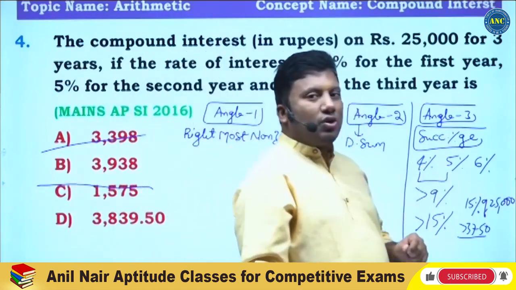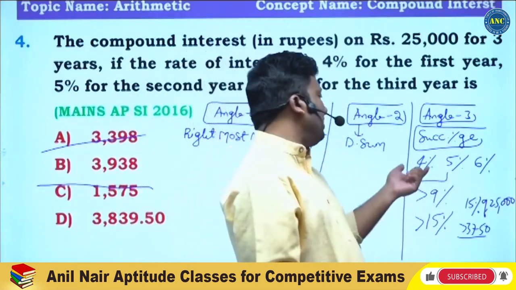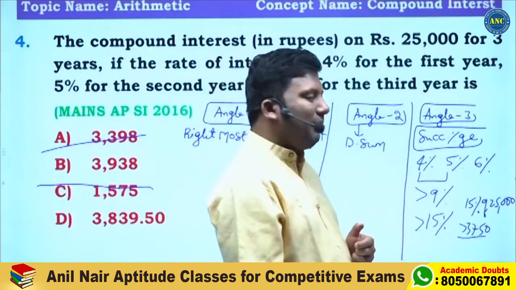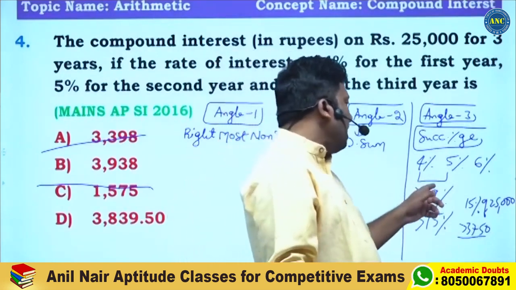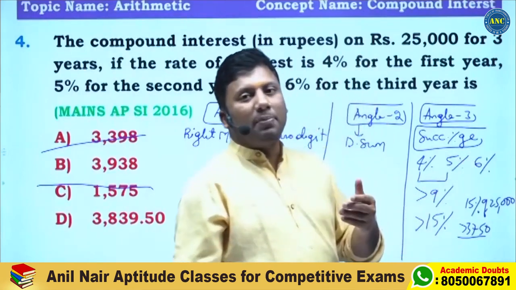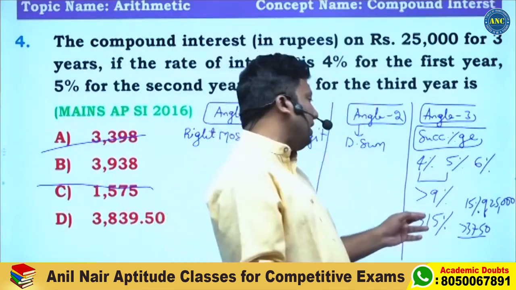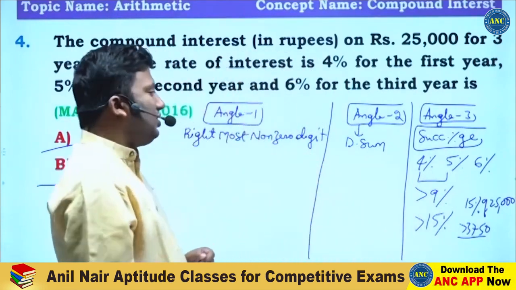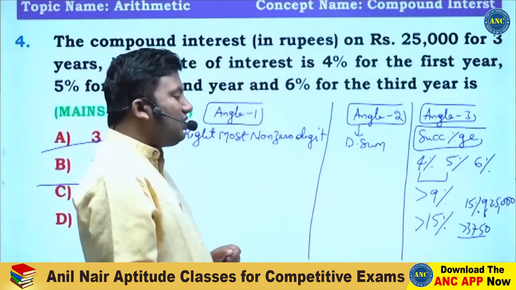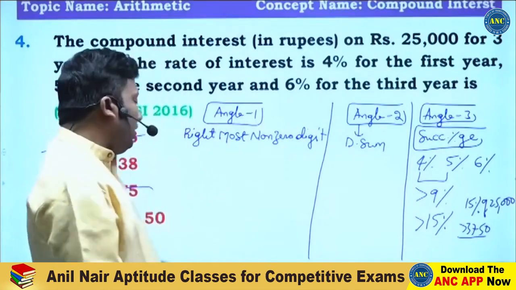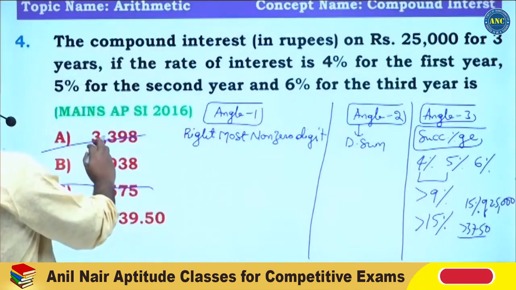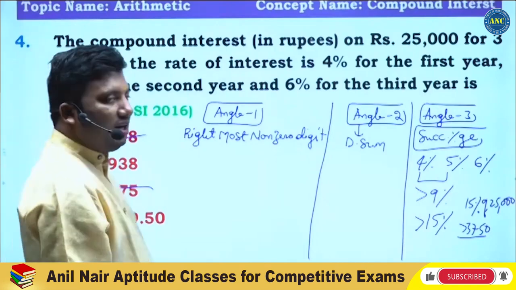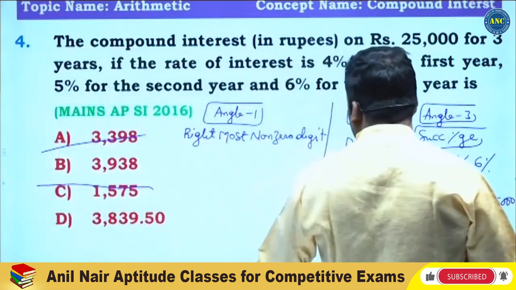For 4 and 5, the overall increase is greater than 9%; you don't need to calculate it. Then 9 and 6: 9 plus 6 plus 9 into 6 by 100 is greater than 15%. 15% of 25,000 is 3750, so compound interest should be greater than 3750. Option A and option C are eliminated. With angle 3, two options are eliminated.